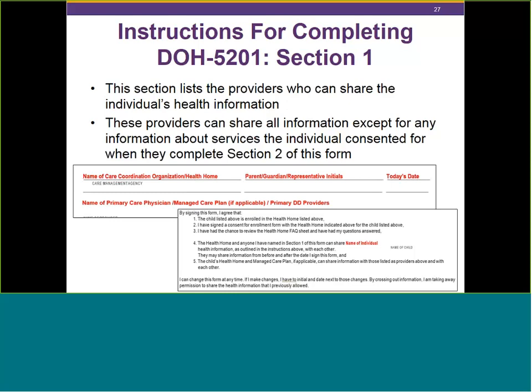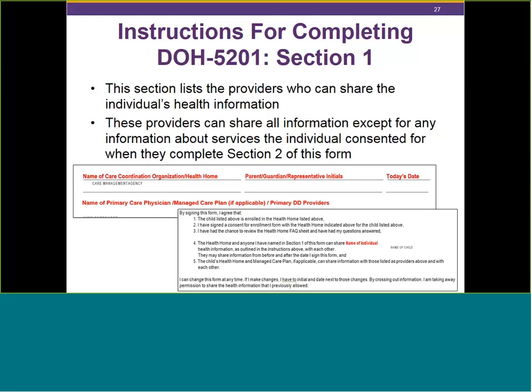Again, these providers can share all information except for any information about services the individual consented for when they complete Section 2 of this form, which, again, as Kate mentioned, may not be the case for most individuals. We have the name of the CCO identified with the parent, guardian, or representative initials, today's date, and then the listing of the providers that the individual has given permission for information to be shared.